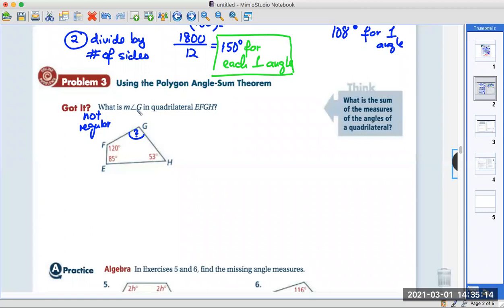What is the measure of angle G in quadrilateral, 4-sided figure EFGH? So first find the sum. Most likely always you have to find the sum and then add these 3, and then subtract from the sum.